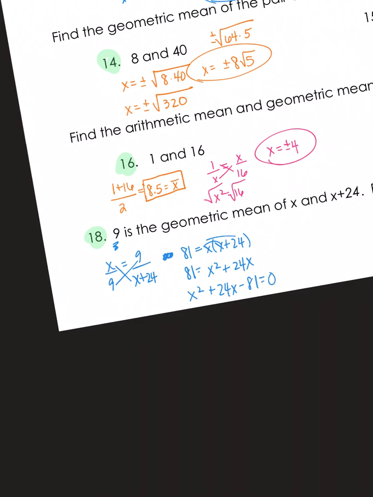And we are going to factor that to x plus 27 times x minus 3. We need to solve this, so x is equal to negative 27 by zero product property, or x equals a positive 3.